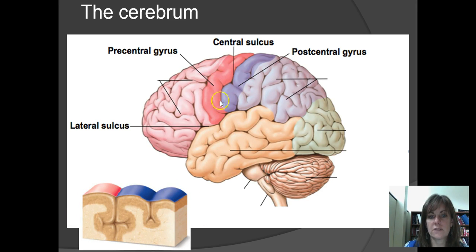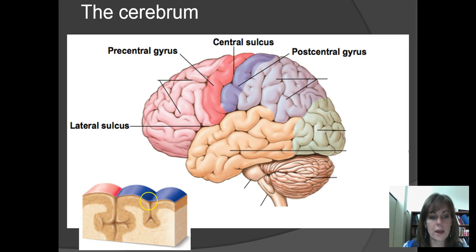This is going to be the surface up here, and this is going deep into it. You can notice on the outside, cortex is going to mean outside, you can see that it's a darker color. So this is the gray matter that is cortex. And then underneath it, you're going to see the lighter colored stuff. This is going to be the white matter, which means it's myelinated axons at this portion of the brain.